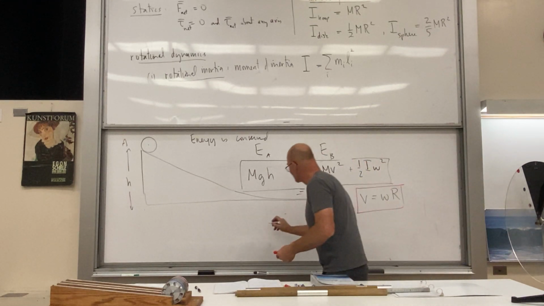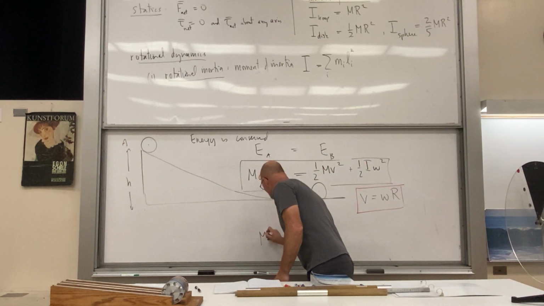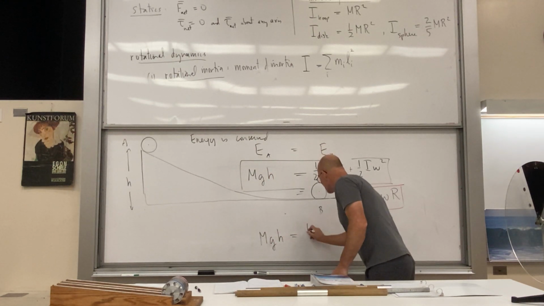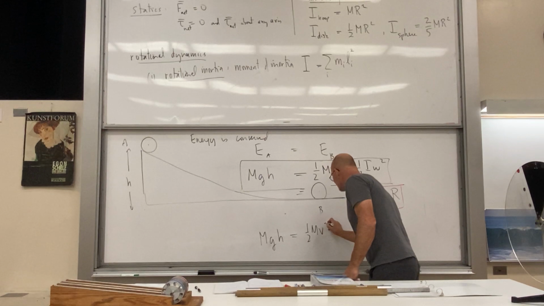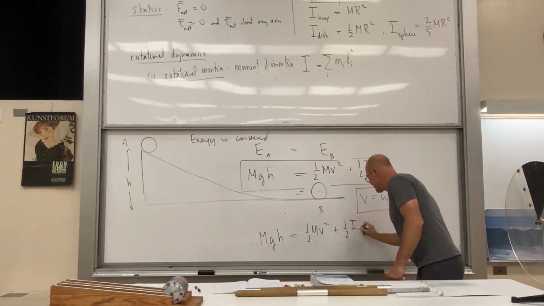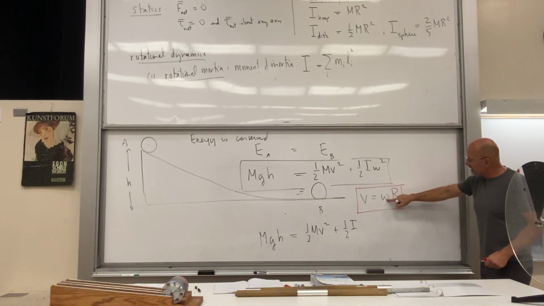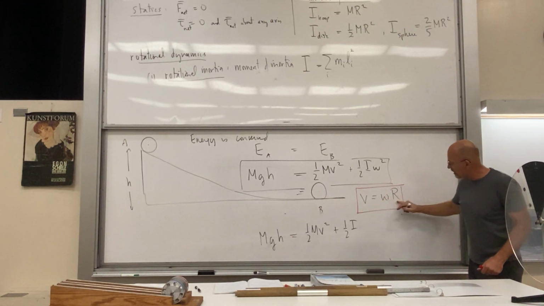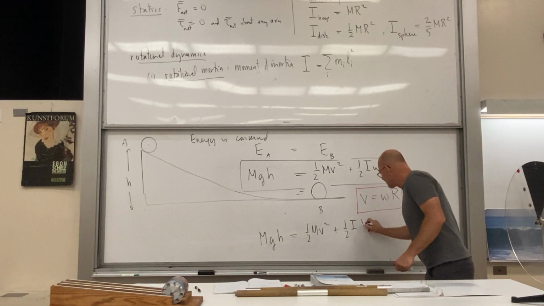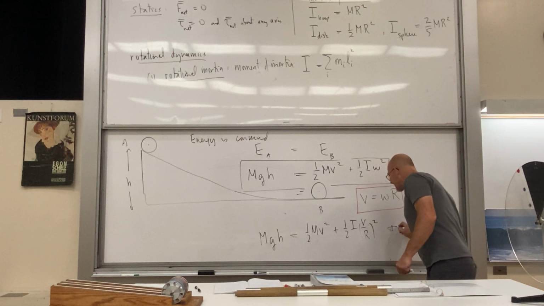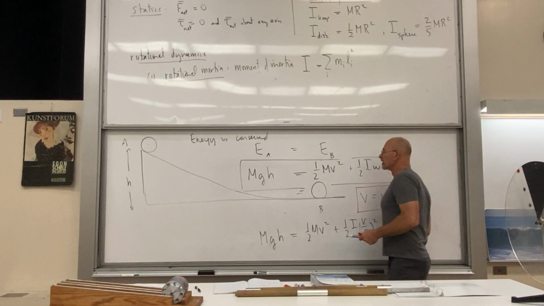And then we can write this equation as mgh equals 1/2 mv squared plus 1/2 I, and now that omega can be written v divided by r, so (v divided by r) squared. So this second equation I'm going to simplify for you.